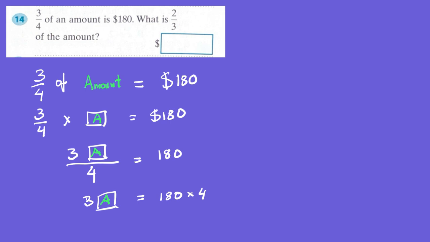Now I'm going to move the 3, so my A now is 180 times 4 divided by 3. And this means that it is 60 times 4, which is now 240. That is the amount.